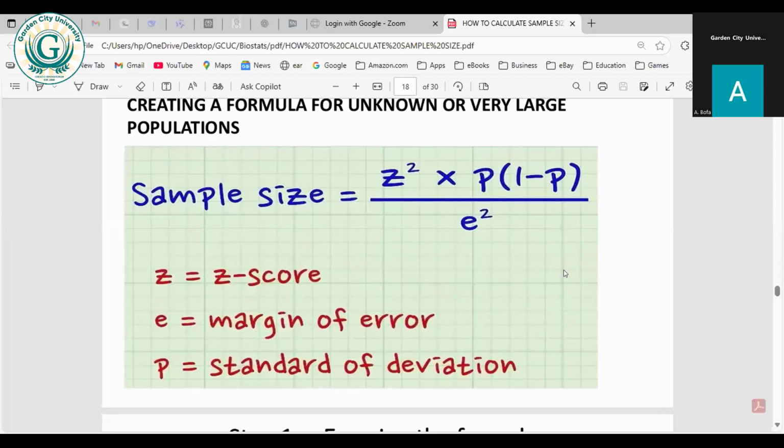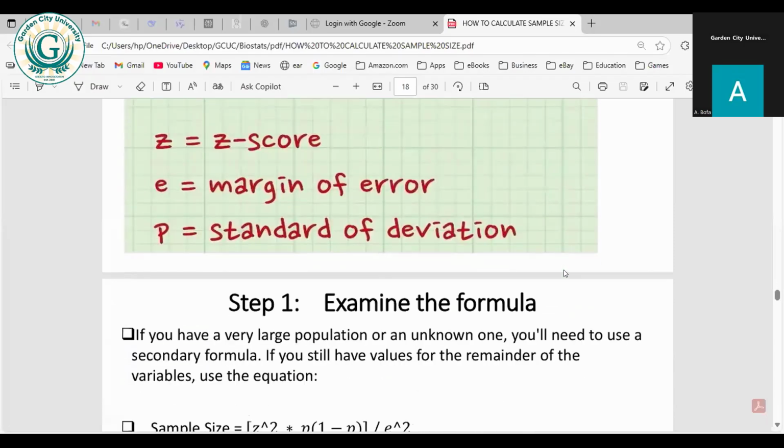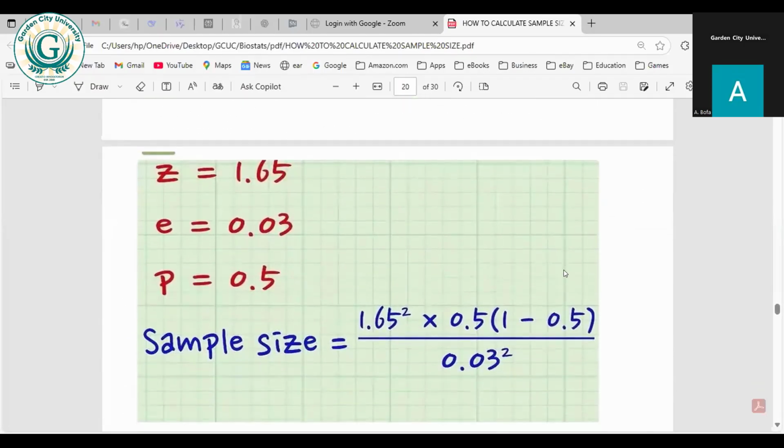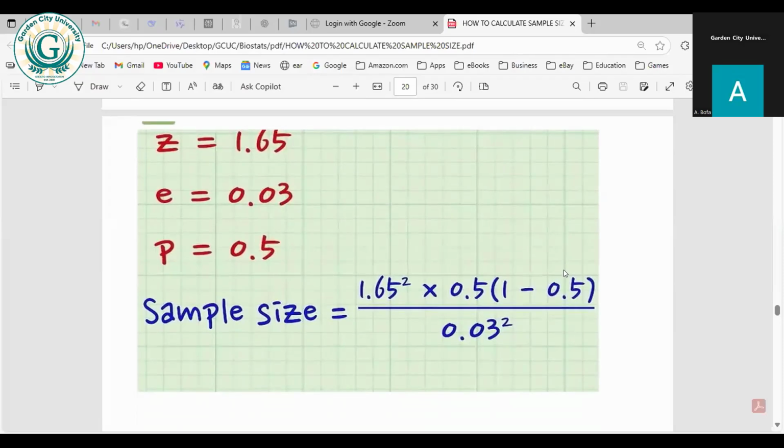Okay. So this one, you need your margin of error, your standard deviation, and then the z-score. I think this will be very simple for you, right? So now we have a z of 1.65. This z of 1.65 should tell you which confidence level we are using here. 90.